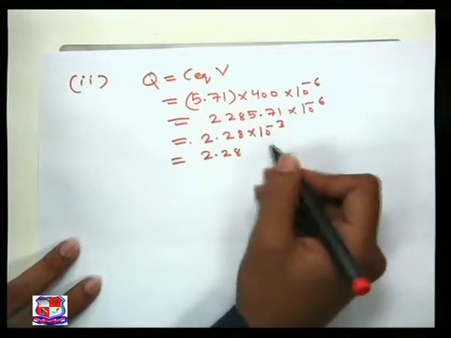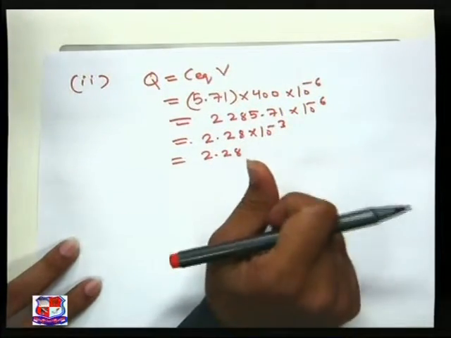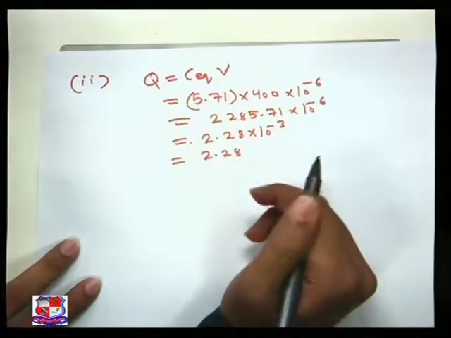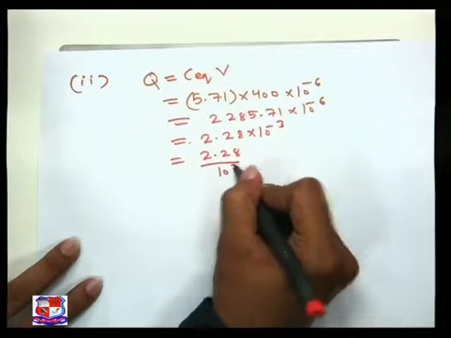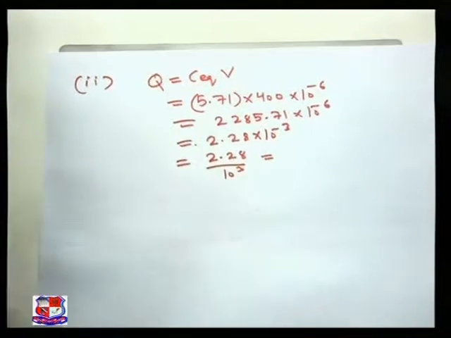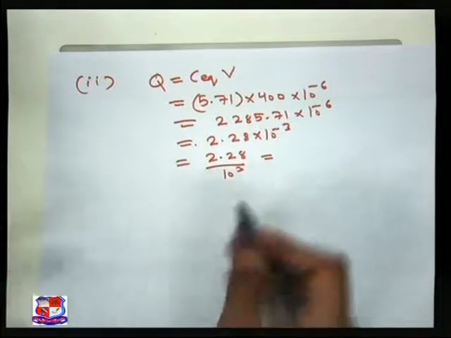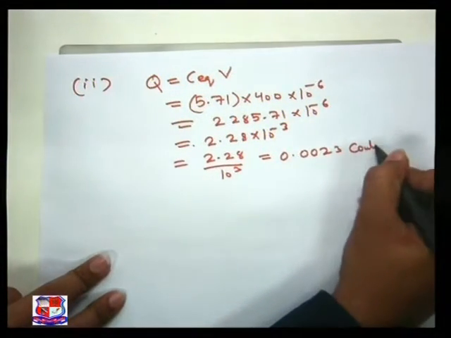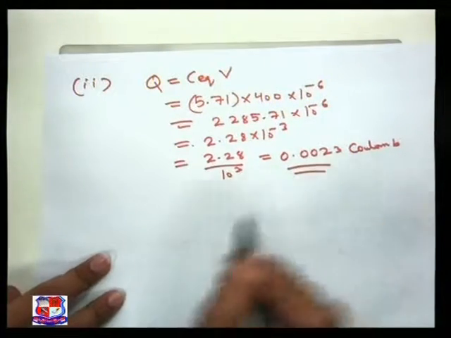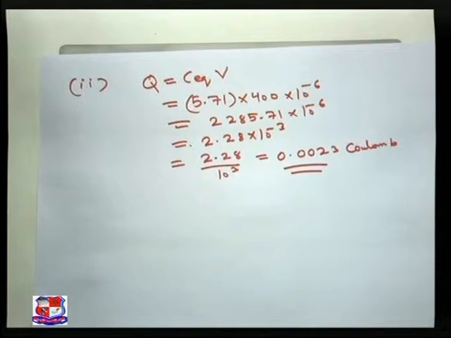The unit of charge is coulomb actually, so if you want to write directly in coulomb, divide 2.28 by 10 raised to 3, which is 0.0023 coulomb. So the second part is okay.